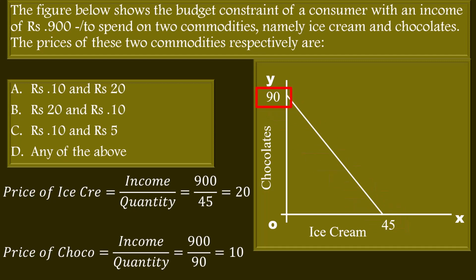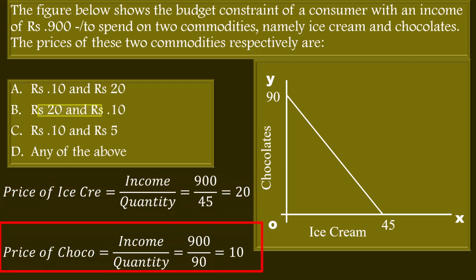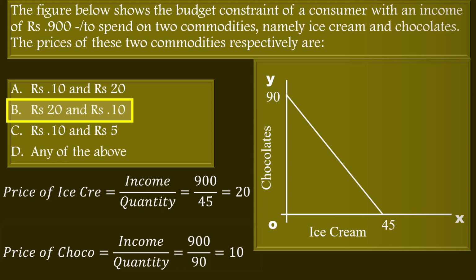This information is given in the graph. Then the price of ice cream is 900 by 45, 20 rupees, and the price of chocolate is 900 by 90, 10 rupees. Option B 20 rupees and 10 rupees is the correct answer.